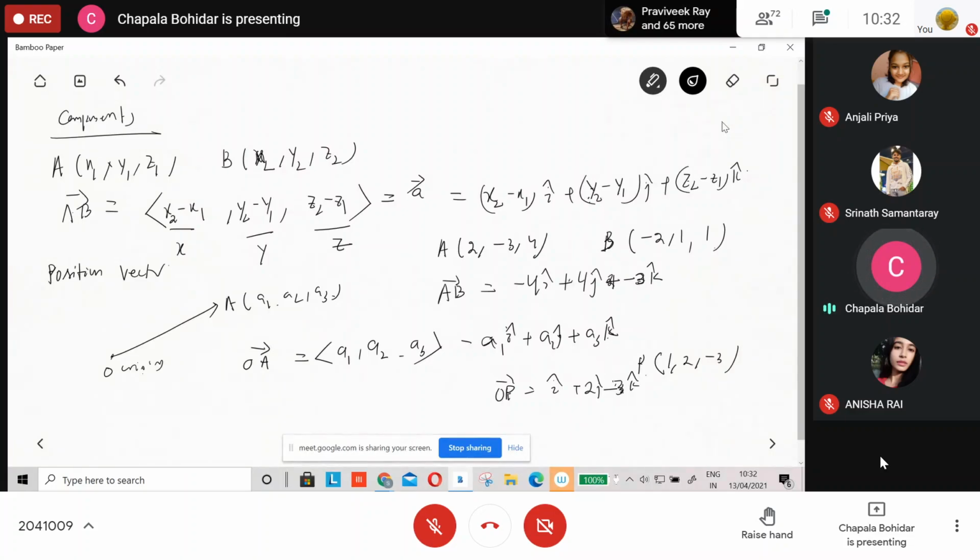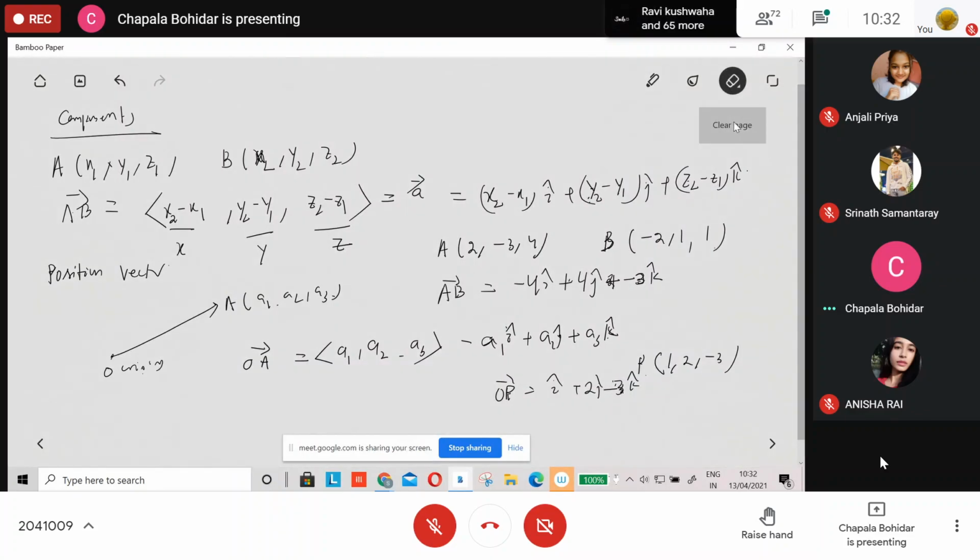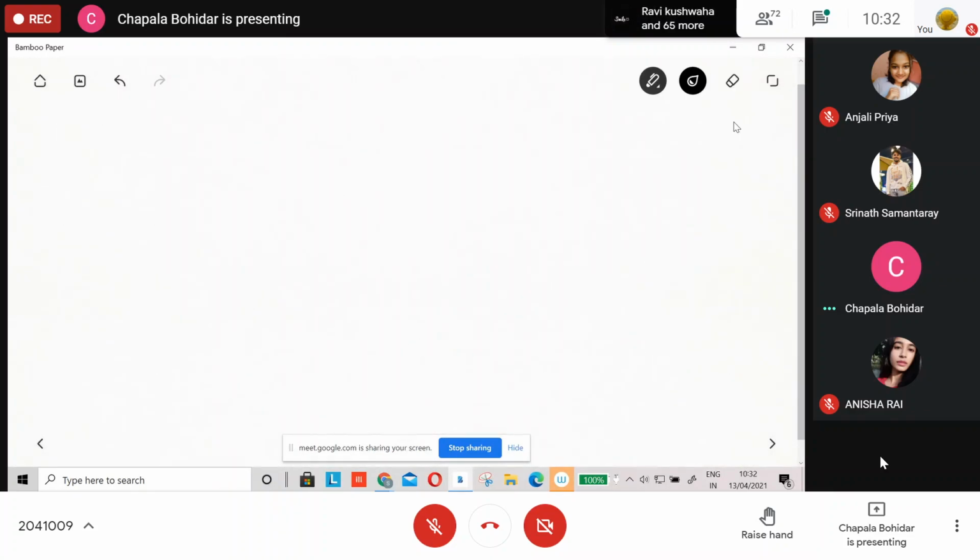Now come to the magnitude or length of the vector. The magnitude or length of the vector.